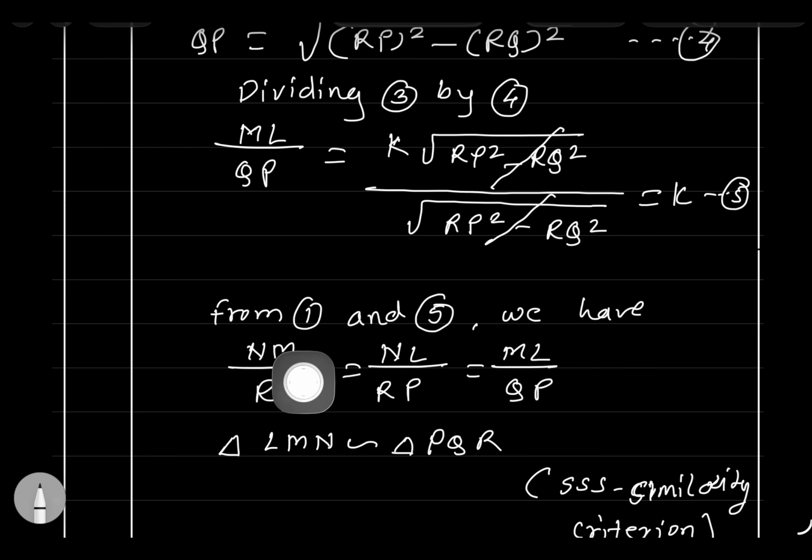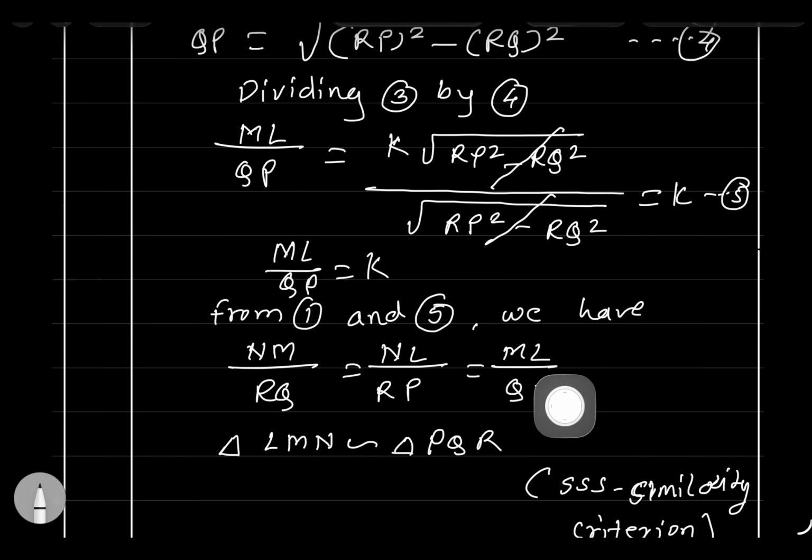So NM upon RQ equal to NL upon RP, which is in 1, and equal to k. Also ML upon QP equal to k, and the ratios of these two sides are also k.